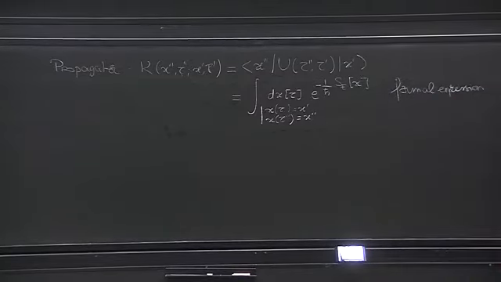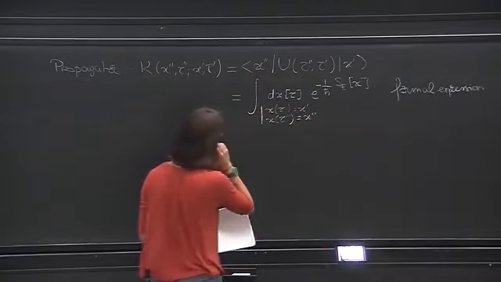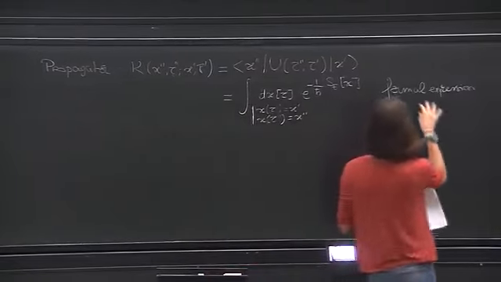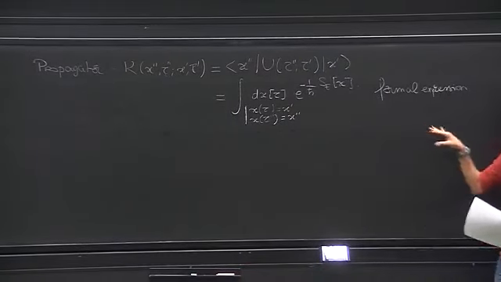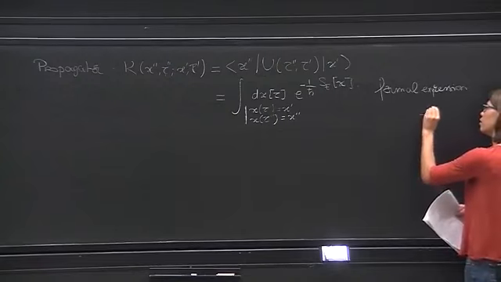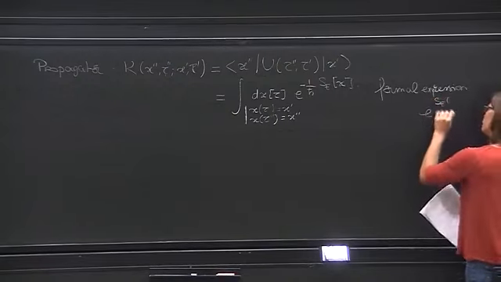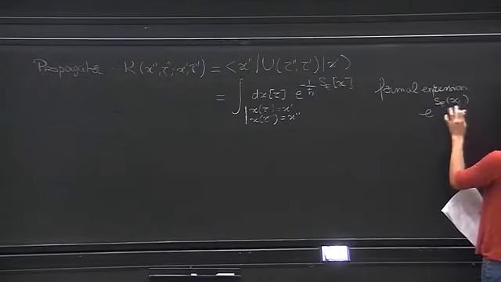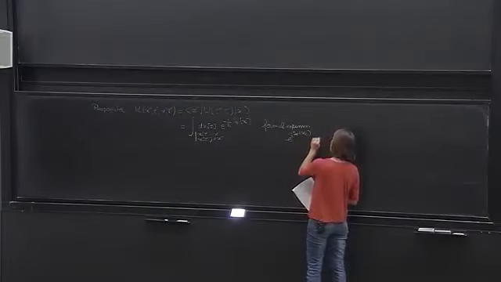So we computed explicitly this path integral in the case of a free particle, and we have shown that indeed the free particle propagator can be written as the exponential of the action evaluated at the classical solution, times something else.